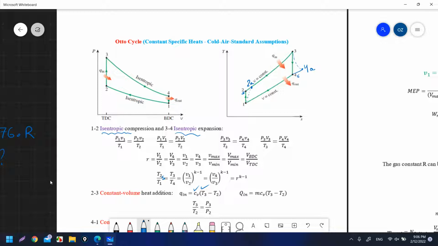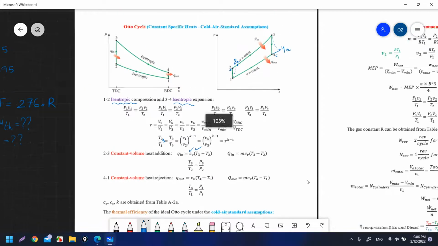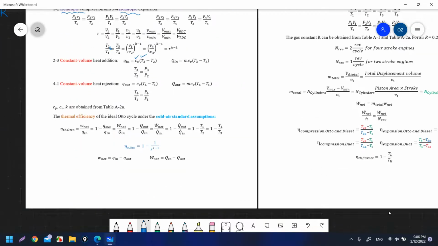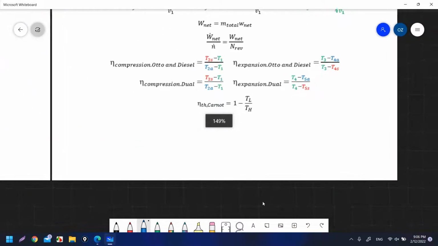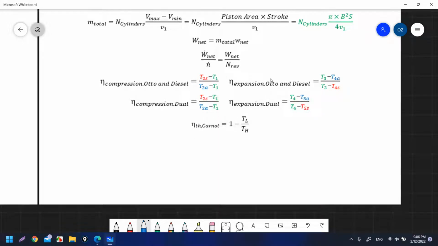The equation that relates the actual and ideal cycle is the isentropic efficiency. Here is the equation. For Otto and diesel cycle, even dual cycle, at the compression process, they have this equation: (T2S minus T1) over (T2A minus T1). T1 is common between them. That is why it is in green.